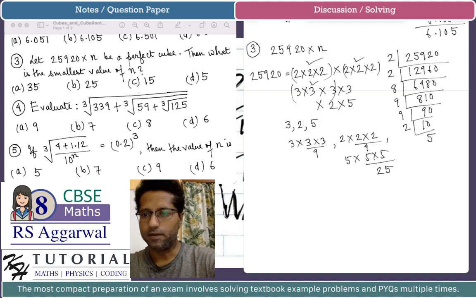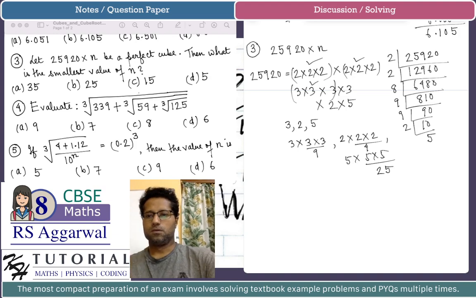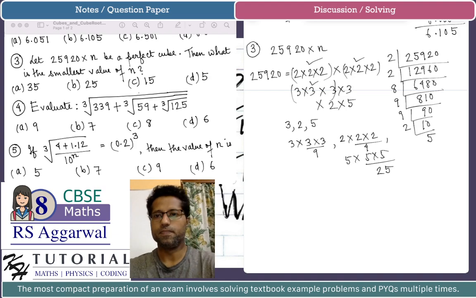Let me check if I did the prime factorization correctly or not. 25920. Oh, I'm sorry. These two will not be there. These two already there was 3 2's.